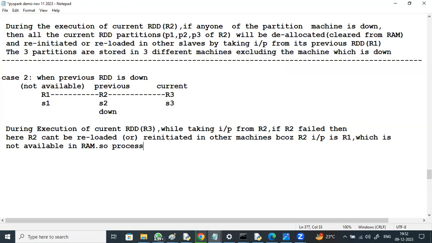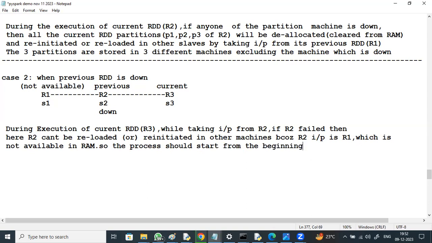So we cannot get the R2 partition data from R1, since R1 is not available. So here there is nothing to do; the process has to start from the beginning.